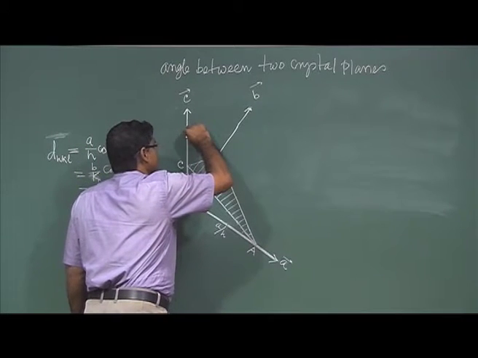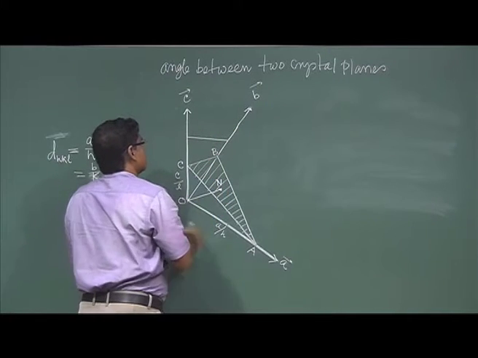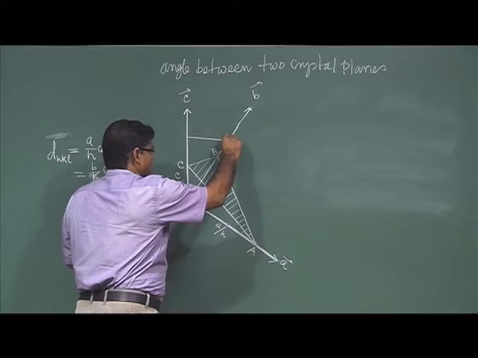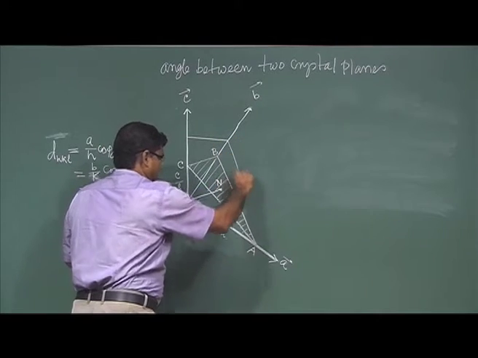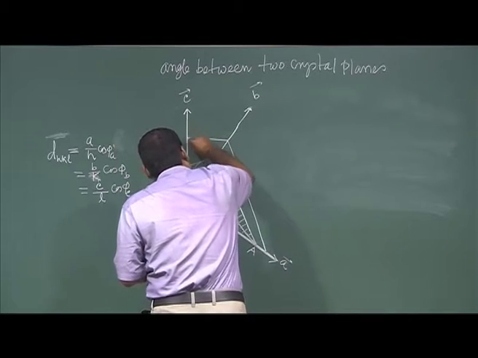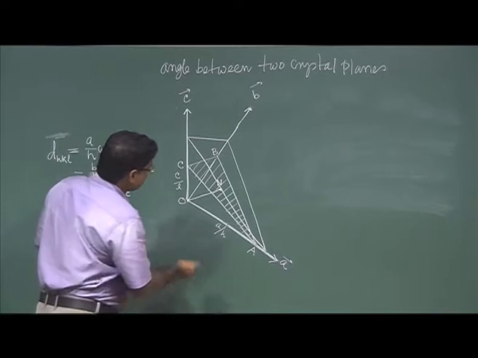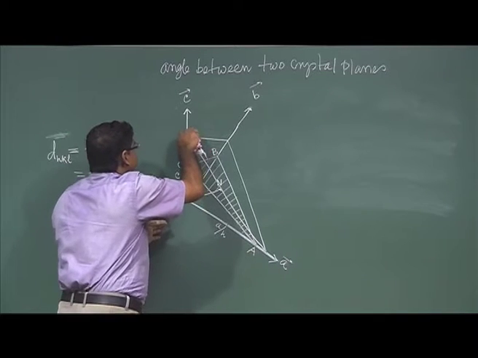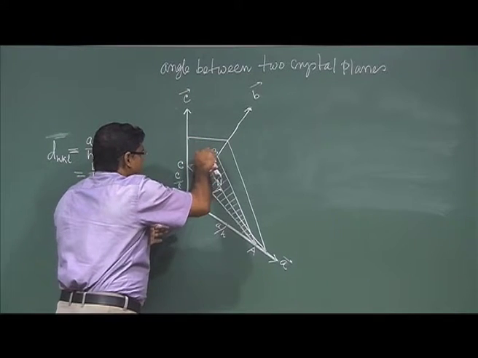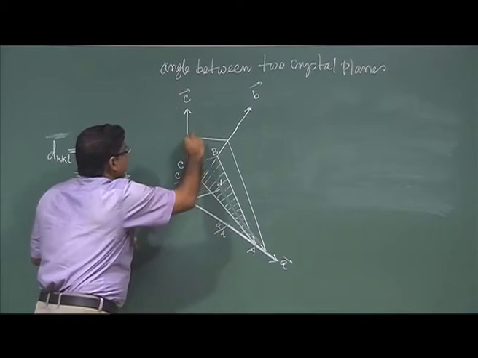say, if we draw another plane, but it is not a straight line, it seems this is not a straight line.